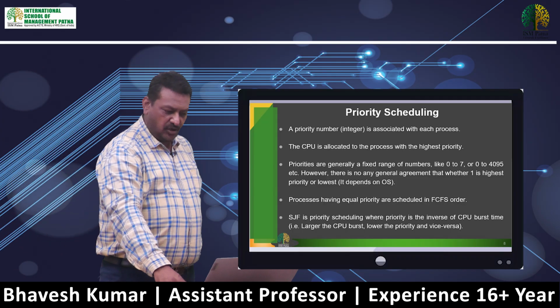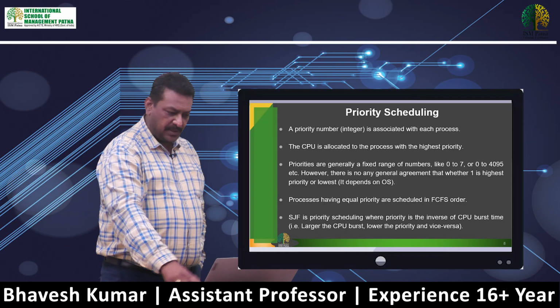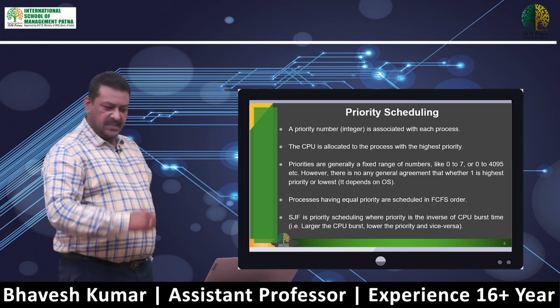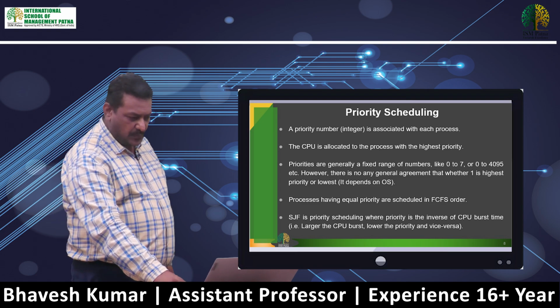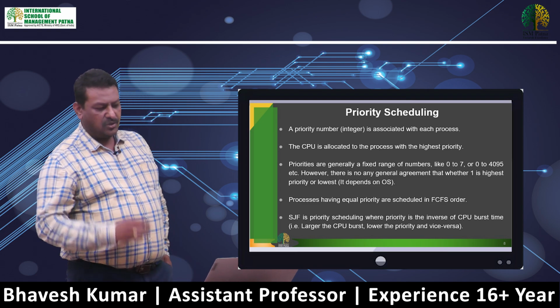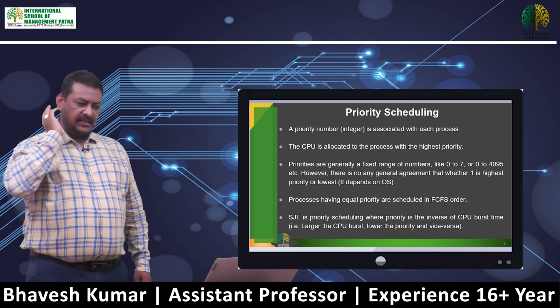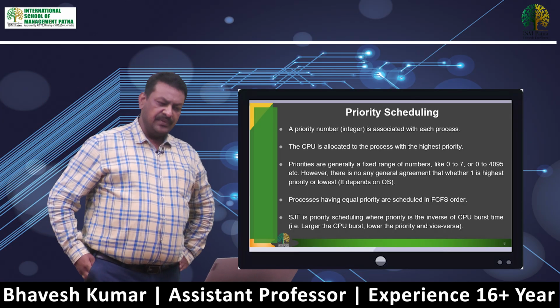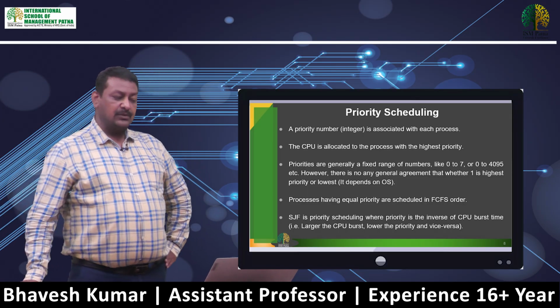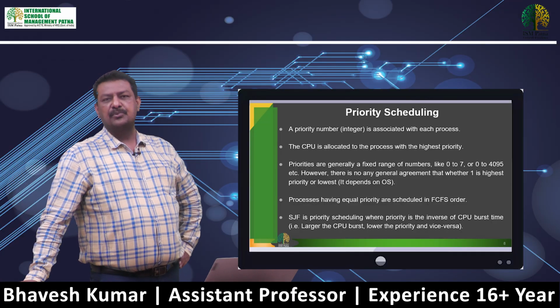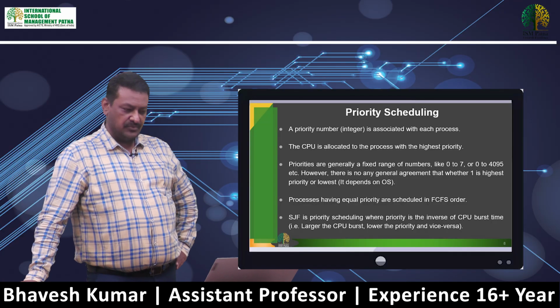So this was all about preemptive and non-preemptive. Here I have given an example as well. When we are talking about preemptive scheduling, we also need to know at what time the processes have arrived into the ready queue, right?